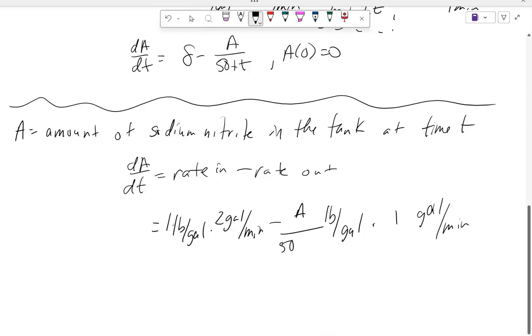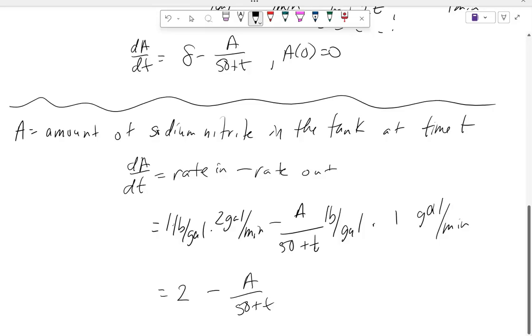Good. 50 was the initial amount of stuff in the tank, and it goes up by 1 each minute, right? Oops. Try that again. That was just a 1. I said 1, and so I wrote 1. Goes up by 1 each minute, so it's 50 plus 1t. Right? And so if I simplify, that looks a lot like the previous problem. That okay?